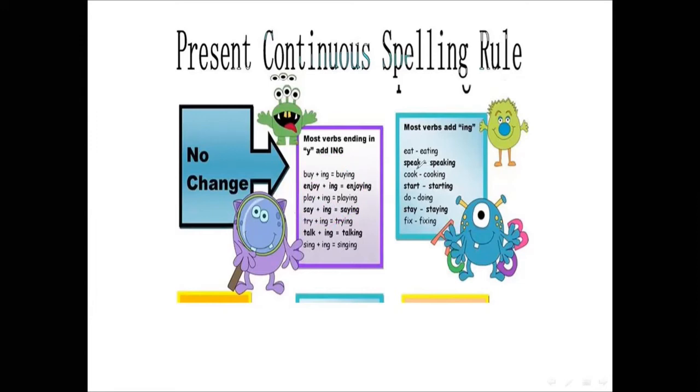Also, pay attention that the verbs that have two vowels before the last letter, we just add ing, like speak, speaking, cook, cooking, okay, and eat, eating.